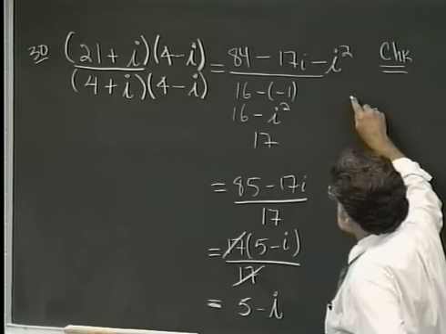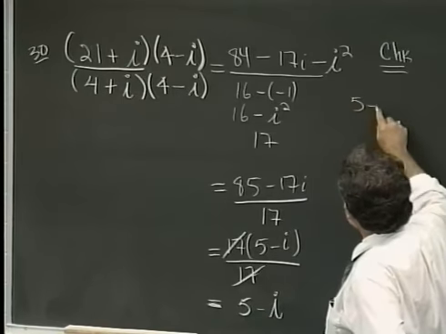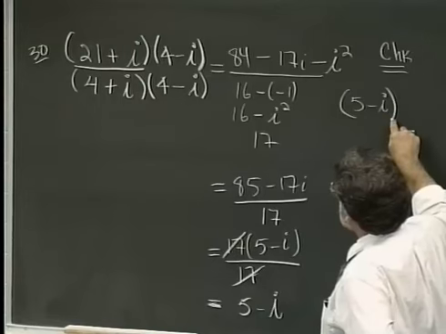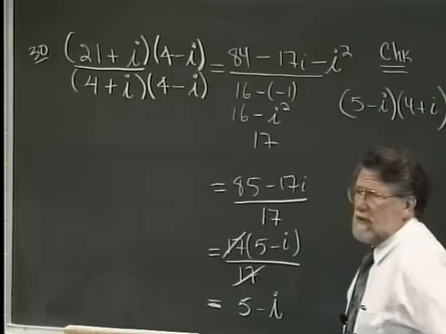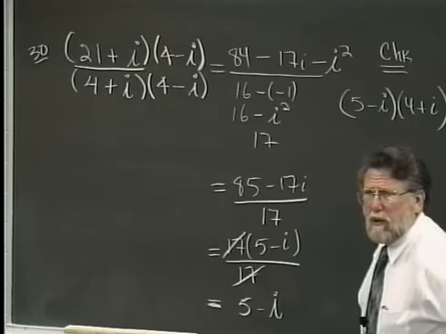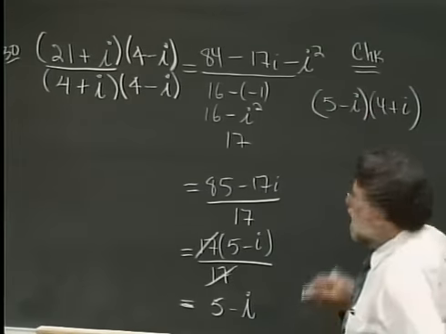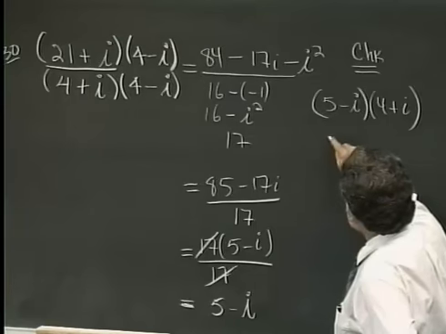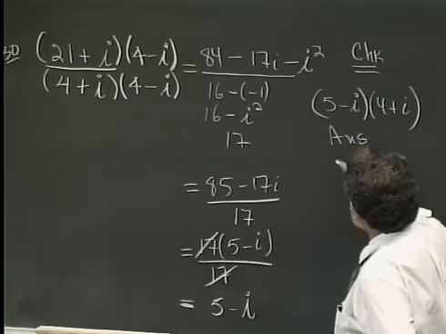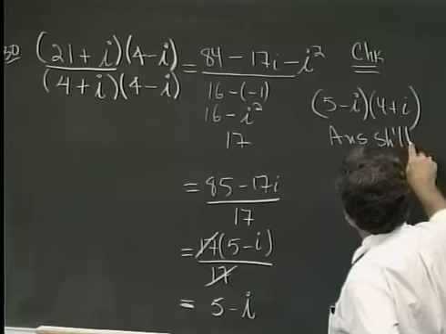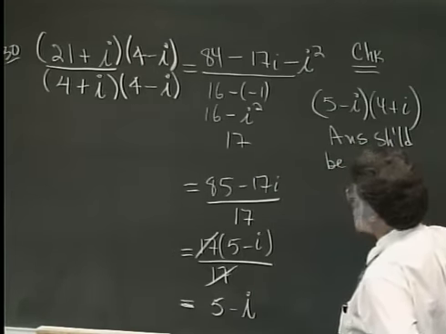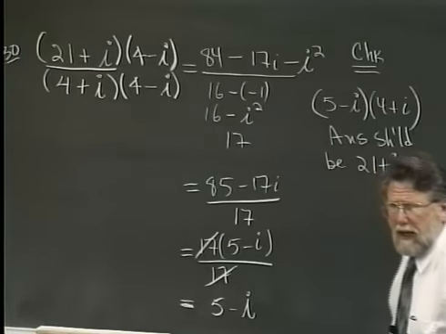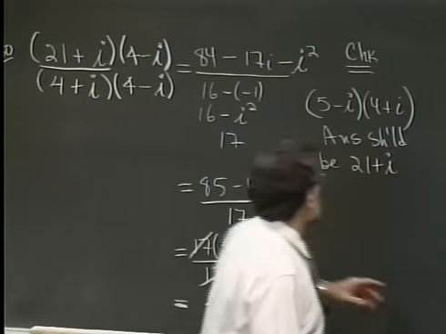So the check is to take the 5 minus I, and multiply it times the 4 plus I, and the answer should be the 21 plus I. So if I multiply this out, I should be able to make it work.